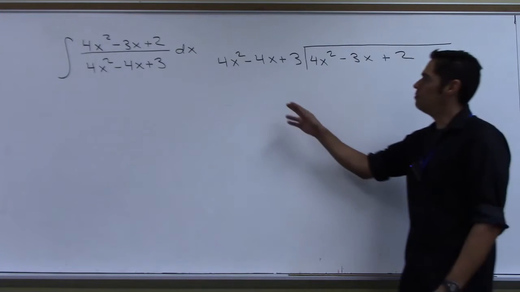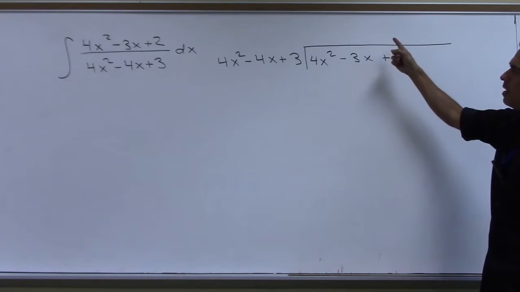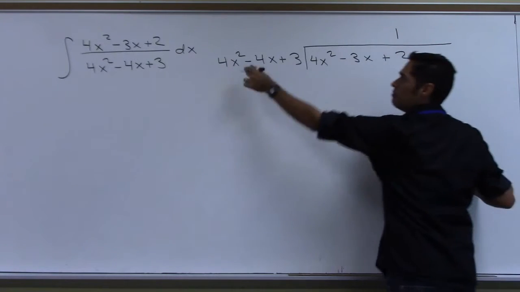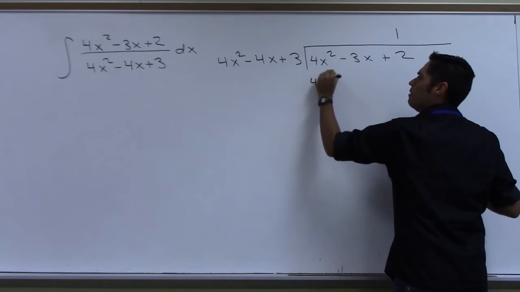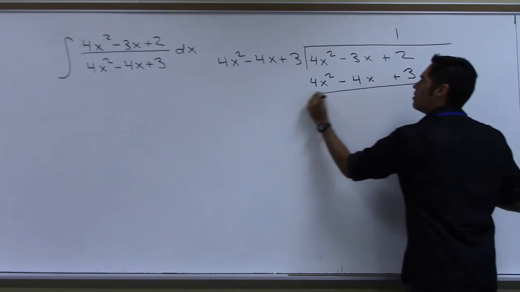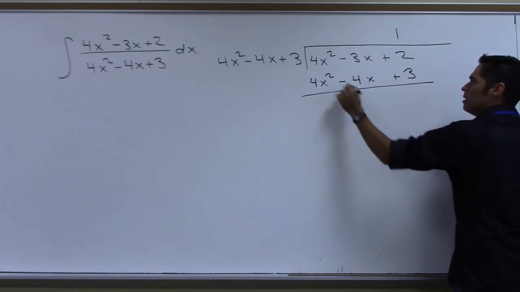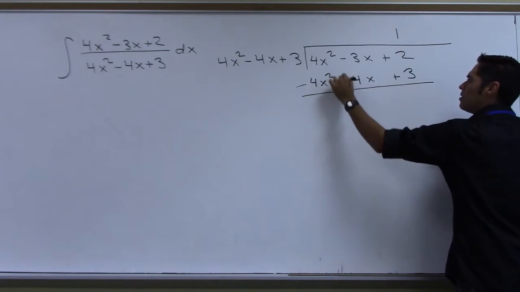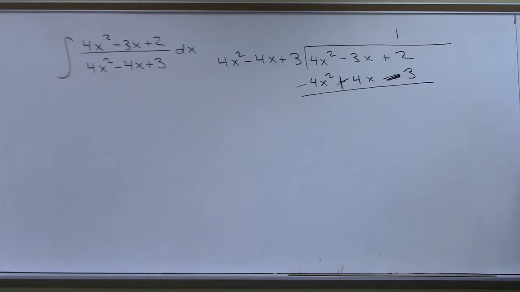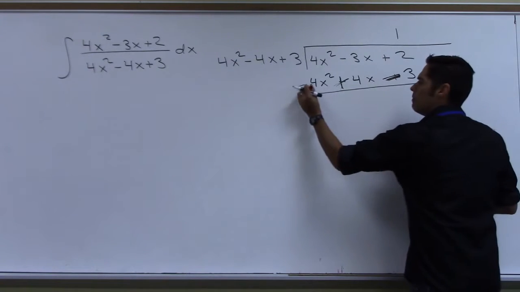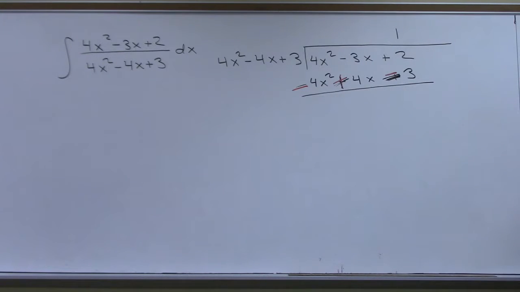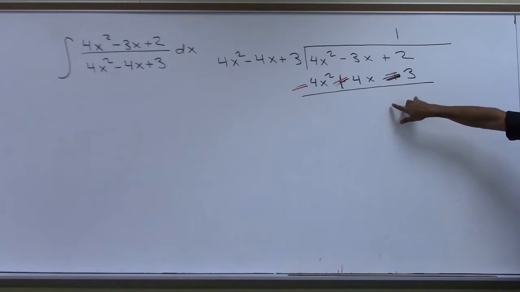All right, so what is the first number that I'm going to multiply by? 1, right? 1 is going to create what I need here, 4x squared minus 4x plus 3. I come through, I subtract the row. So minus, plus, minus, right? So what's remaining down here?